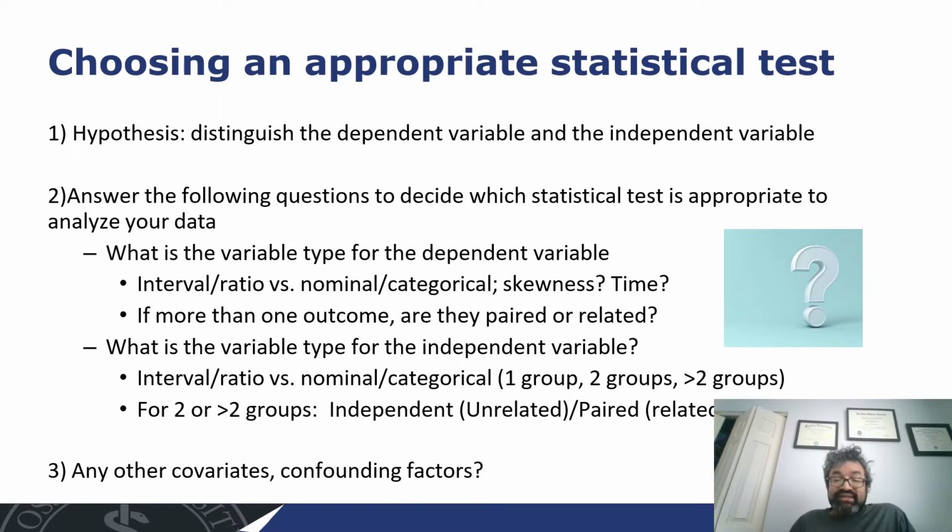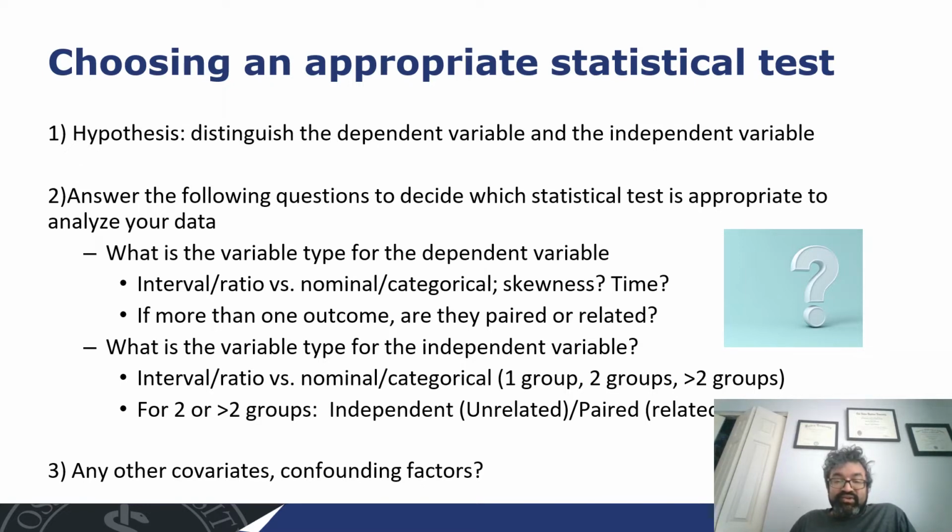So for instance, when you're looking at interval ratio versus nominal categorical: is there more than one outcome? Are they paired or related? All of these questions matter to understand.